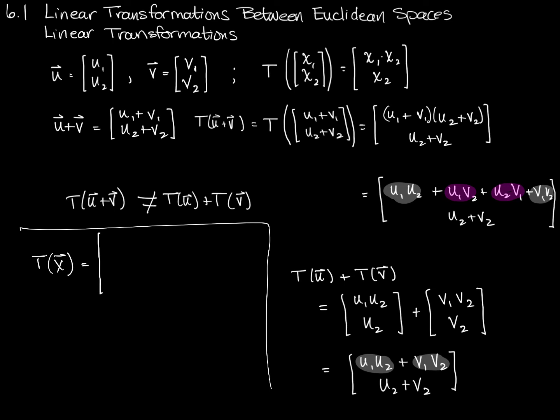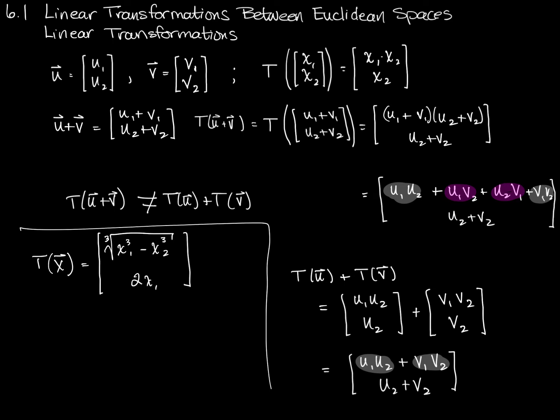Take the components of X and do this with them. Cube X1, subtract the cube of X2, but then take the cube root of the result. And the second component is just this.